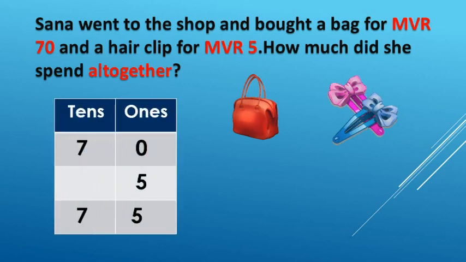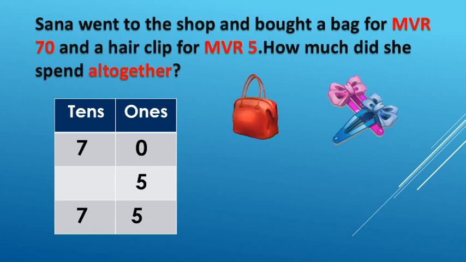So, always remember, we have to add first the numbers which are in the ones column. So, 0 plus 5 is equal to 5. When we add the number 0, the number will not change.